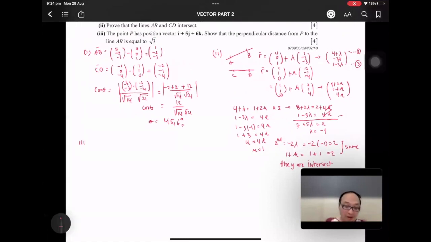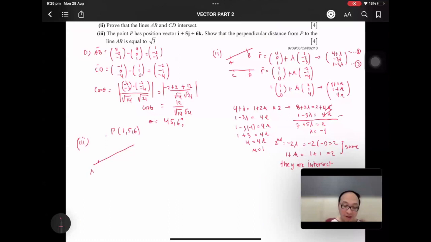The third one: the point P has position vector (1, 5, 6). Show that the perpendicular distance from P to the line AB is equal to √3. So there is a point P with coordinates (1, 5, 6).